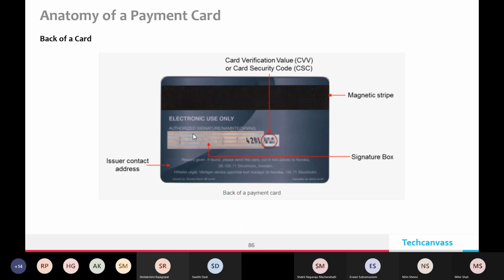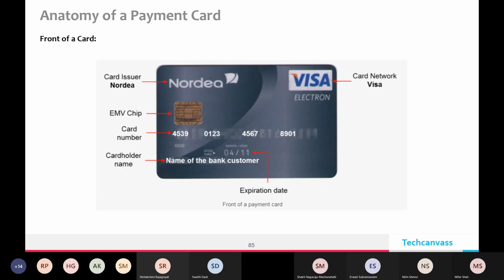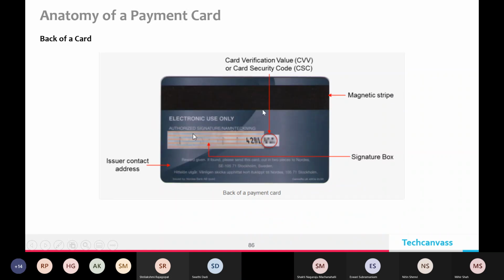Over a period of time, in the US also the magnetic stripe is still there, but whatever machines are issued now are all equipped with chip readers. So over a period of time, you can see that the cards will have only the chip based mechanism. And the magnetic stripe is something very easy to read the information from, and through that anyone can make a counterfeit card.